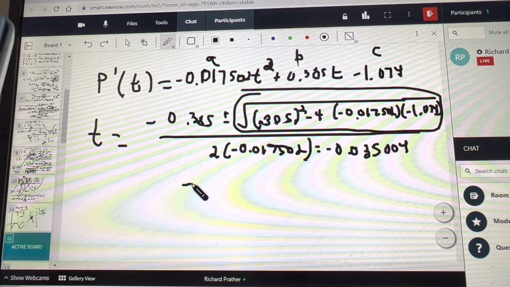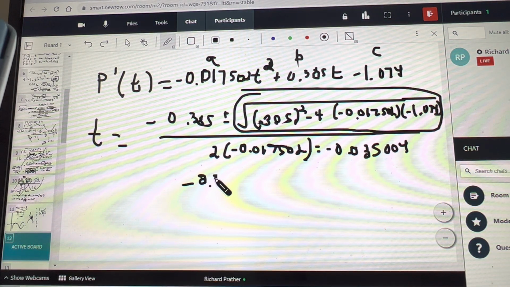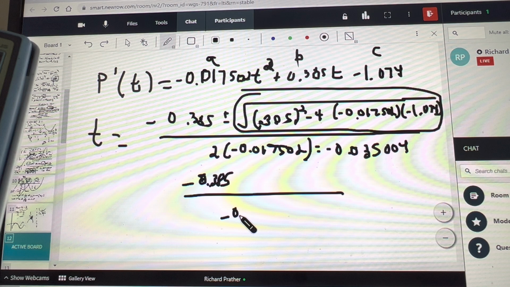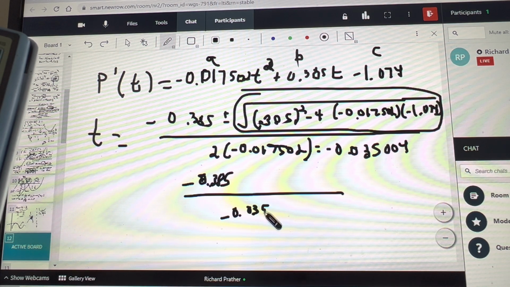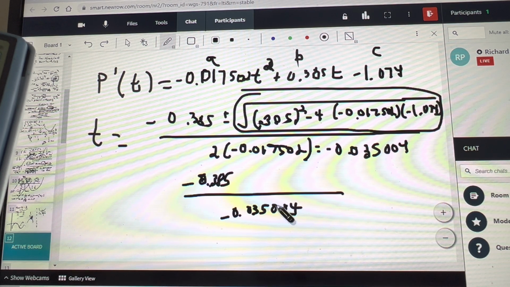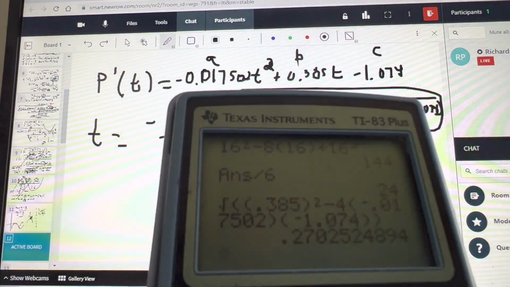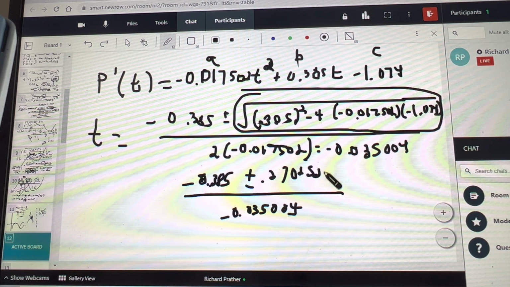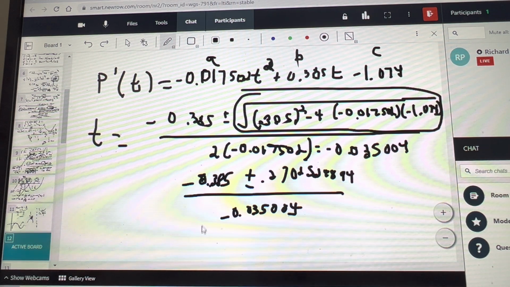So we right now have negative 0.385. The bottom is negative 0.035004, and plus or minus this decimal right here, 0.2702524894. So I just have to do one of these with a plus and one with a minus, and I can even do that here if you want.